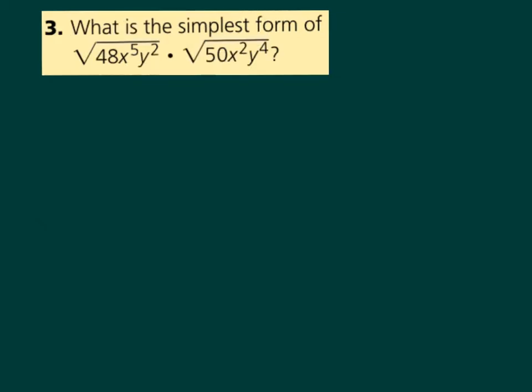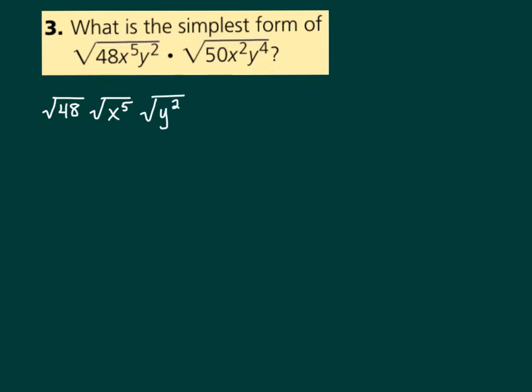Again, the best way to do this type of problem is not to just multiply them together immediately. The best way is to try and simplify this, then simplify this, and multiply the simplified forms together. So how do we simplify the square root of 48x to the 5th y squared? You break this up: square root of 48, square root of x to the 5th, square root of y squared.